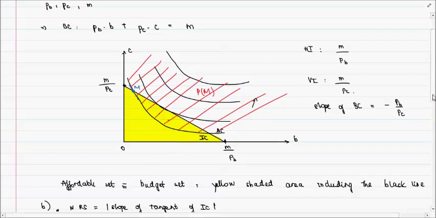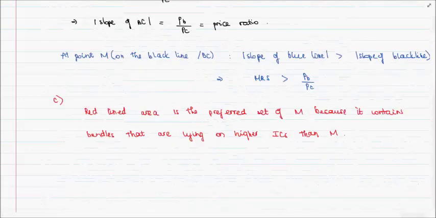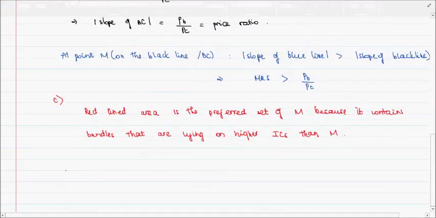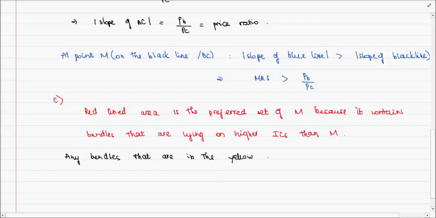Okay, so I'll say any consumption bundle that is in the yellow shaded area, containing, remember, or in the budget set, basically containing the black line as well.